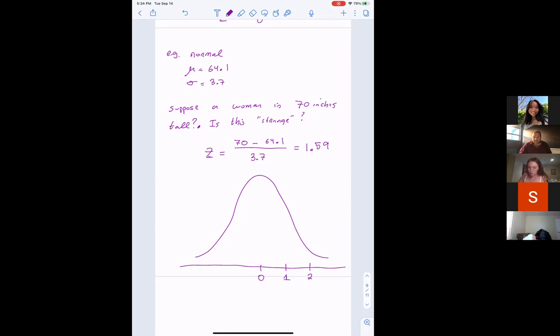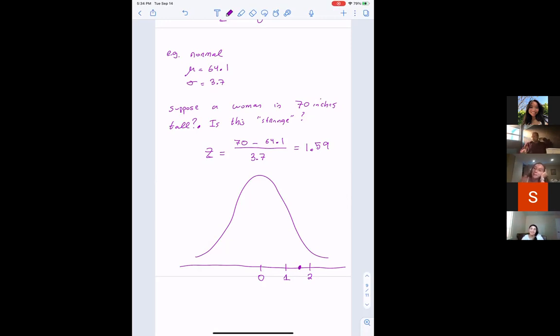Where did the 70-inch tall woman land? 1.59. Is that strange? No, it's within 2 deviations. Yeah, I saw you, Leanne. You can't just nod your head and then switch. That's the risk of being on camera.